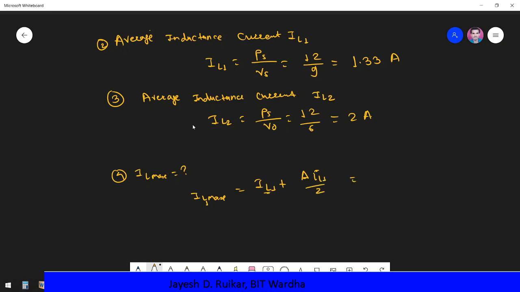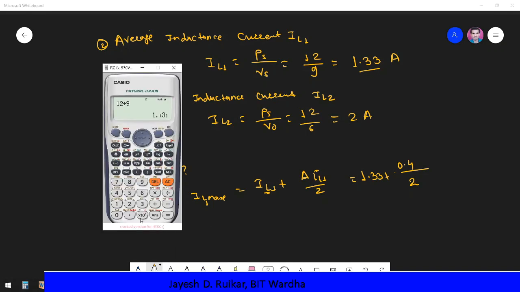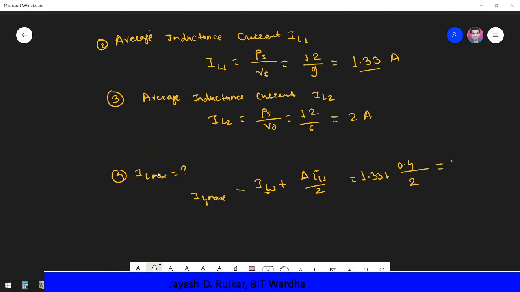We know the IL1 value is 1.33, so it's 1.33 plus the change in IL1 that has been given in the problem, that is 0.4, divided by 2. So 0.4 divided by 2 is 0.2, plus 1.33. It will be around 1.53 ampere.